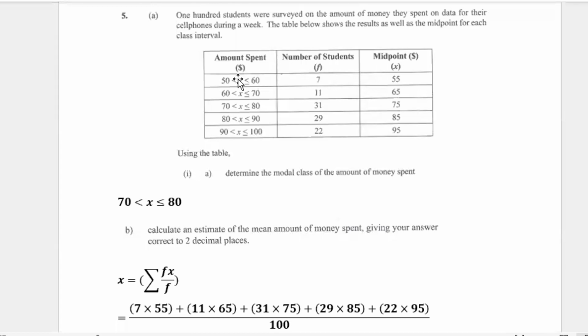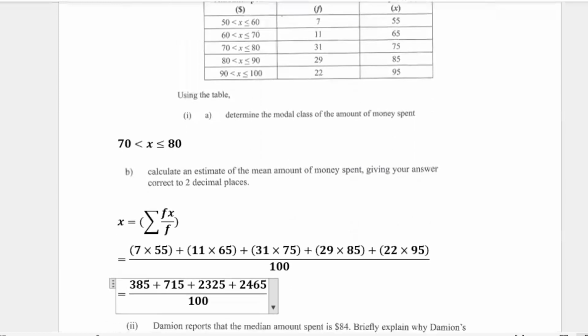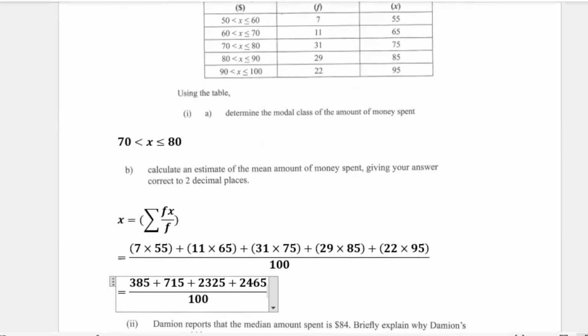So the number of students who spent between this range, times the x, which x is our midpoint, which is also labeled on our table. So 100 is the total amount of students. Yes, which if you also add the frequency here, you get the same 100.